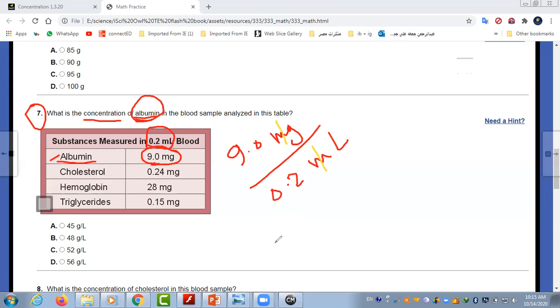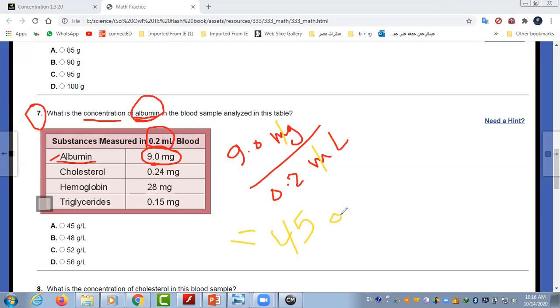So the answer was what, Majid? The answer is 45. You divide 9 over 0.2, you get 45.